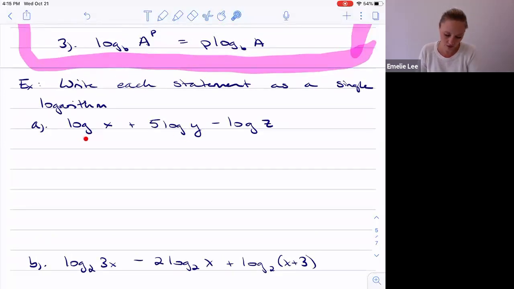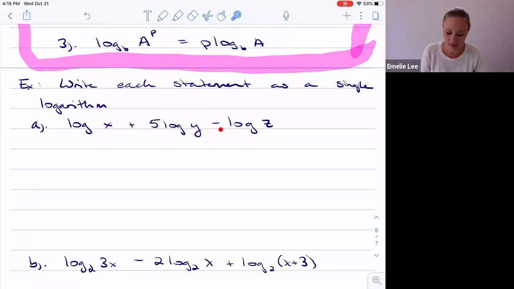Looks like I've got base 10, base 10, base 10. So that means I'm able to combine these things. So first thing you check is, do I have the same bases? Those are the ones you're going to be able to contract. So we've got log base 10 of x plus 5 log y minus the log of z.